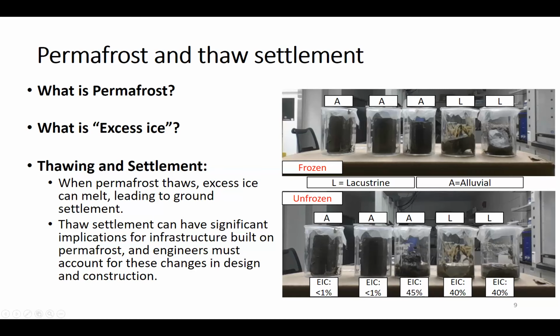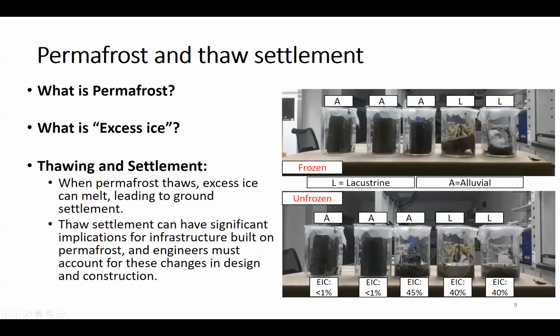Have a look at these two figures. On top, we have 5 samples, 3 alluvial and 2 lacustrine samples, which are frozen. And if we keep these samples at room temperature for a while, the ice melts, and according to this melting, we see the thaw settlement according to the amount of excess ice content.